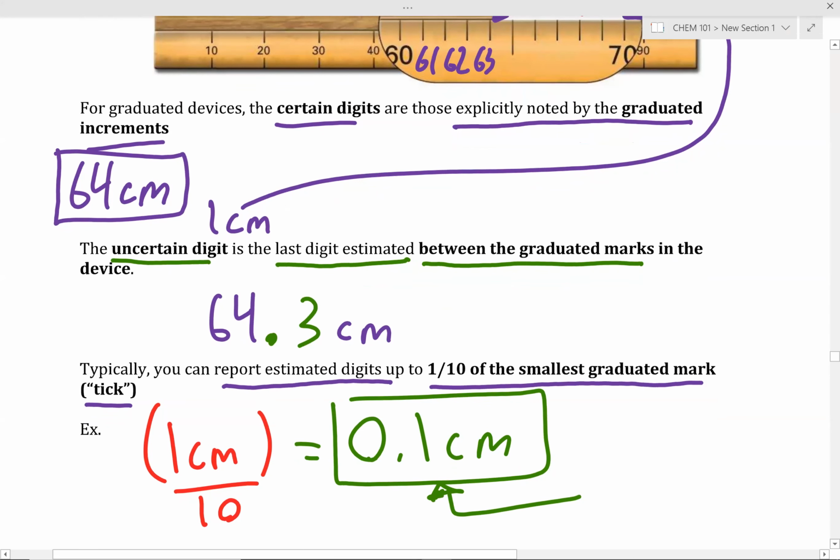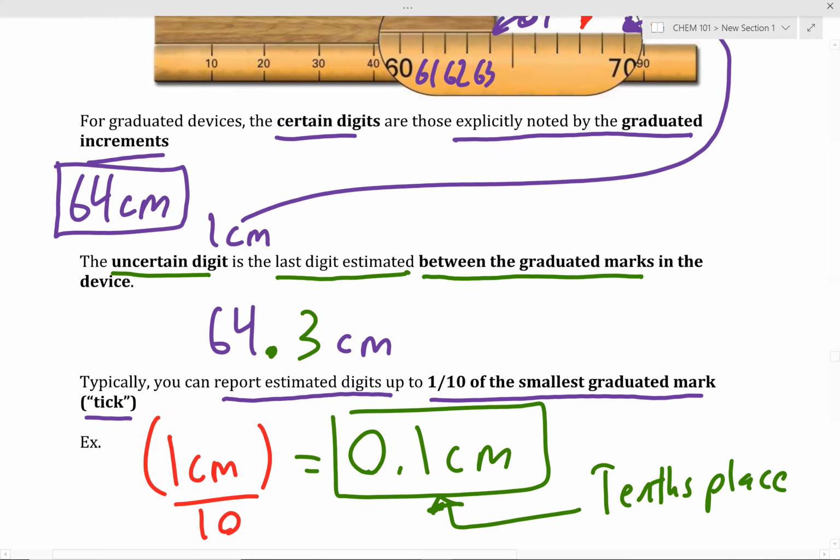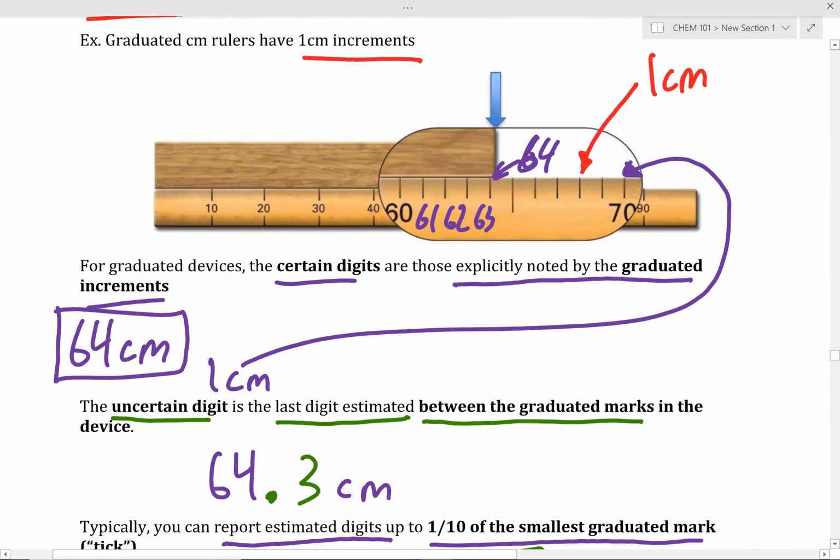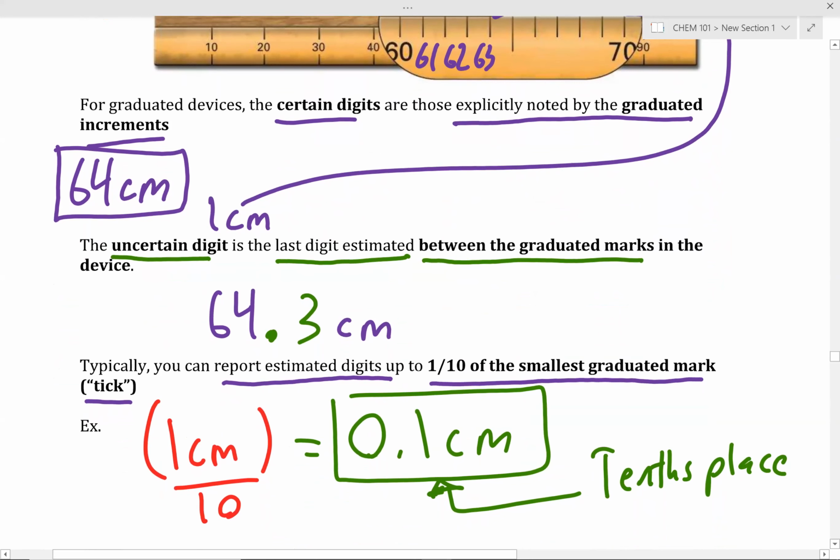First, or the tenths place. Does that make sense to everyone? So depending on the graduated marks and what graduated device you use, you will report a different number of certain digits and estimated or uncertain digits. Does that make sense? Okay.